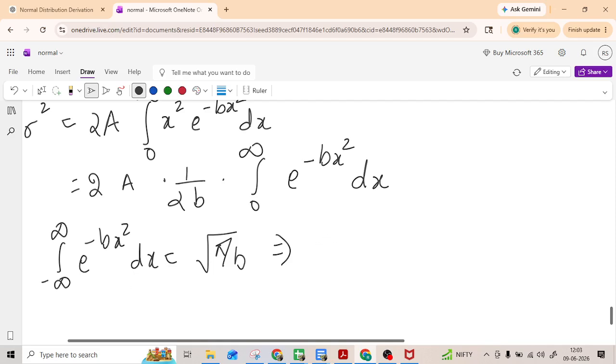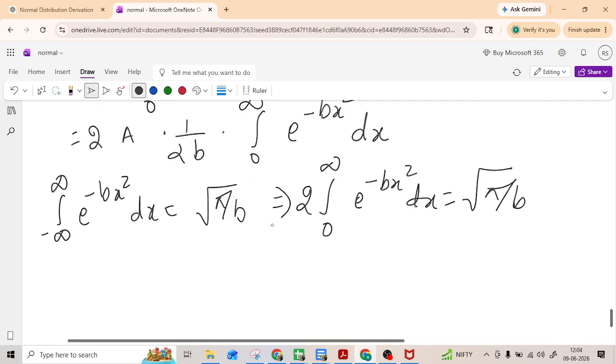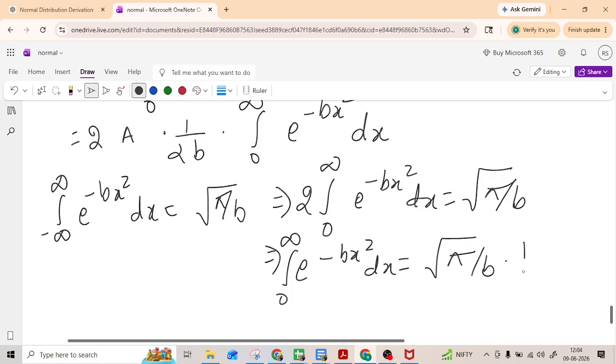So we can replace it with 0 to infinity, 2 times e raised to the power minus bx square dx equal to root pi by b, correct? Which would mean that the integral of e raised to the power minus bx square dx from 0 to infinity is nothing but root pi by b into 1 by 2. Okay, good. So let's come over here.